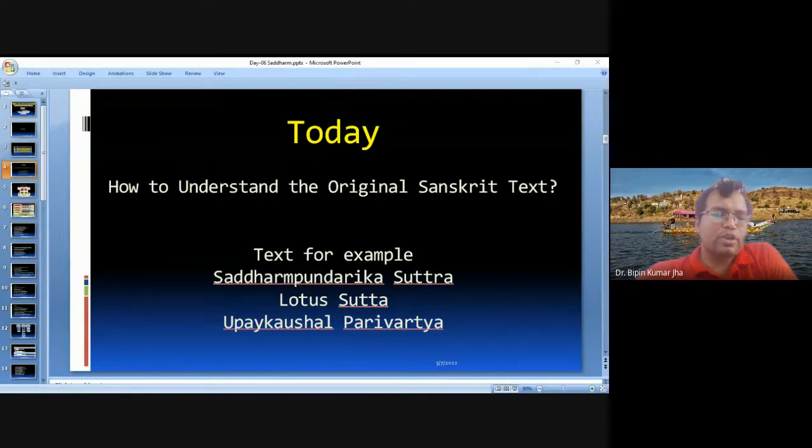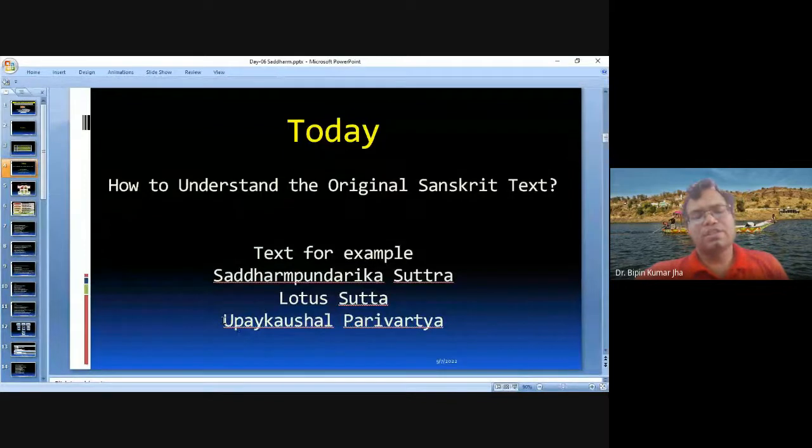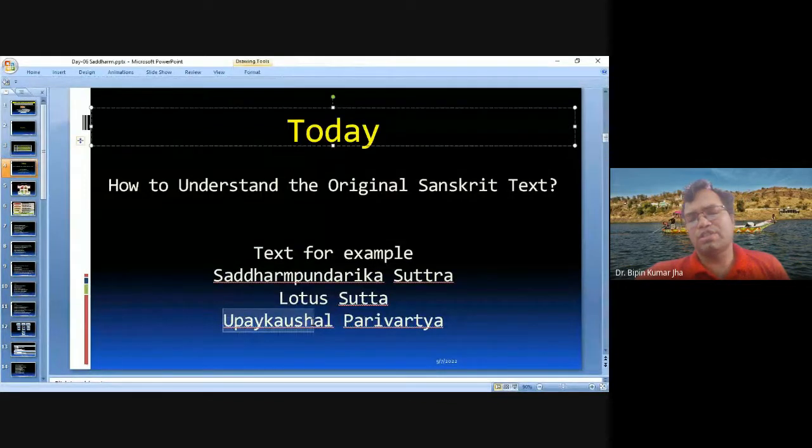In Sanskrit it is called Saddharma Pundarika Sutra, and it has been divided into 27 parivarta. Parivarta you can say is the name of chapters.